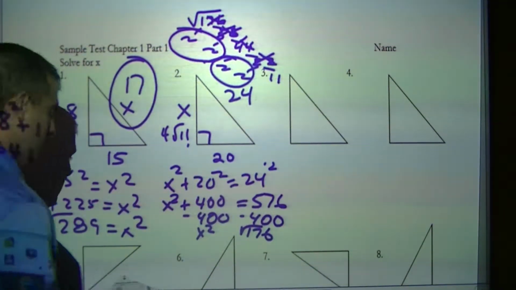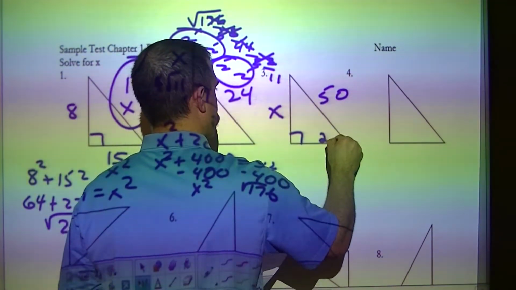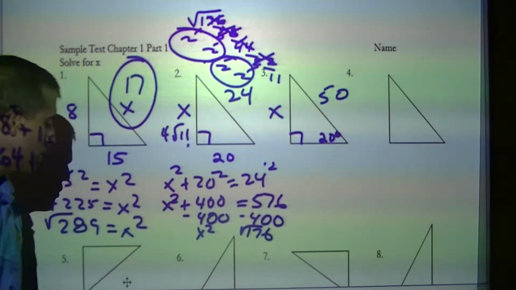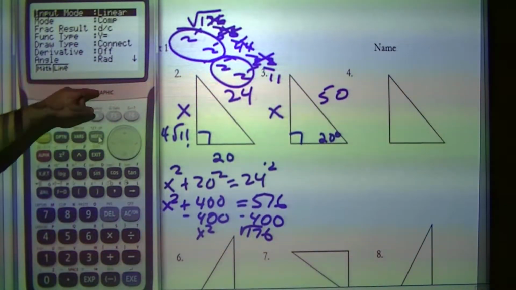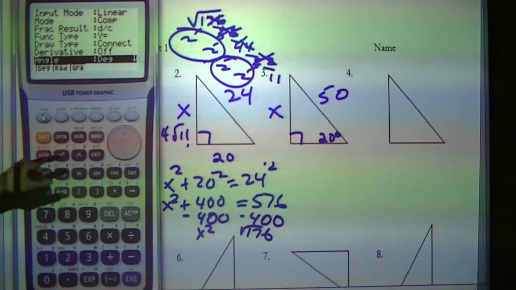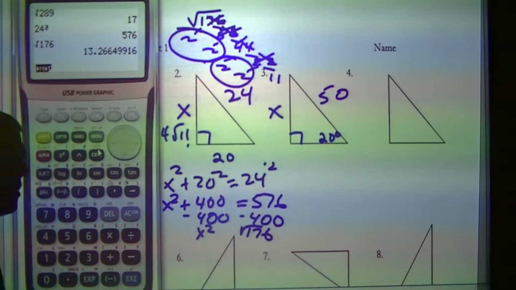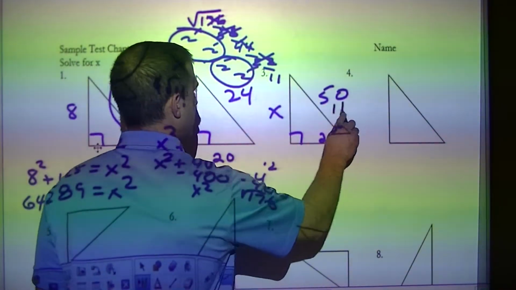Okay, now, on this one, you have x, you have 50, and you have 20 degrees. Now, what we have to do is make sure your calculator's in degree mode. So I'm going Shift, Menu, down to Angle, and make sure it says degree, so F1. Now I'm good. I want to label the hypotenuse.